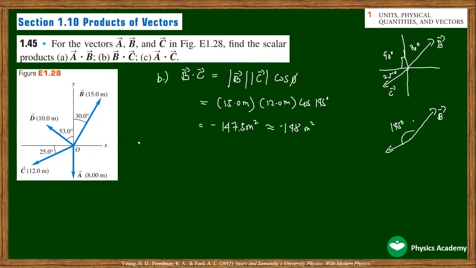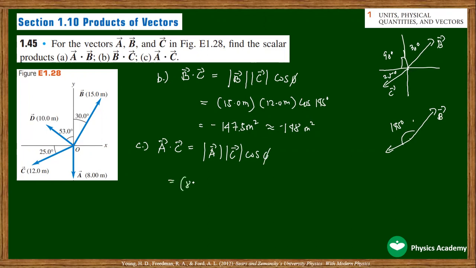For letter C, we have A dot C. We have the magnitude of A times the magnitude of C times cosine of phi. What is the angle?